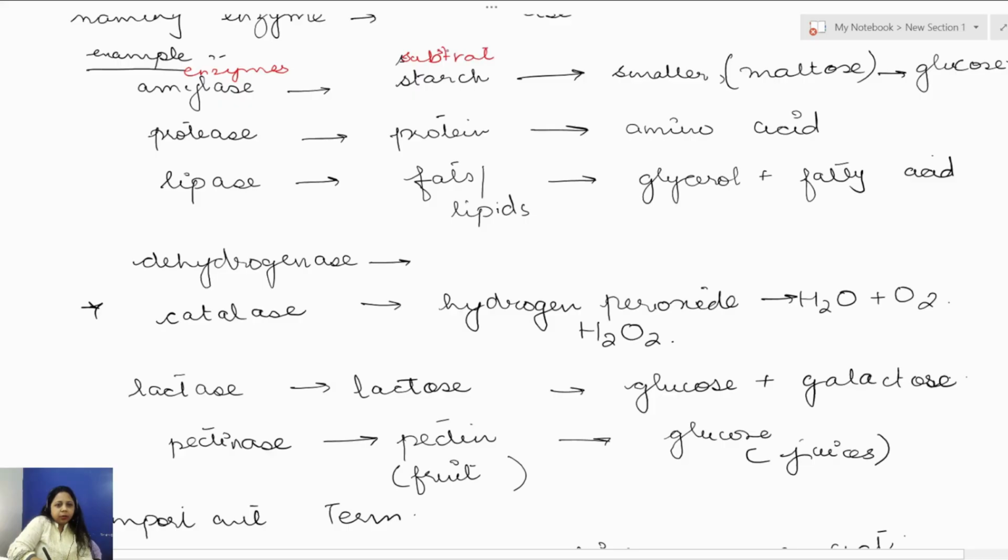And these ones are products. So you have to learn this table. It might come in your MCQs and the other questions, where you have to identify what is the product, or what is the correct substrate, or the correct enzyme. Okay, so we should know these names.